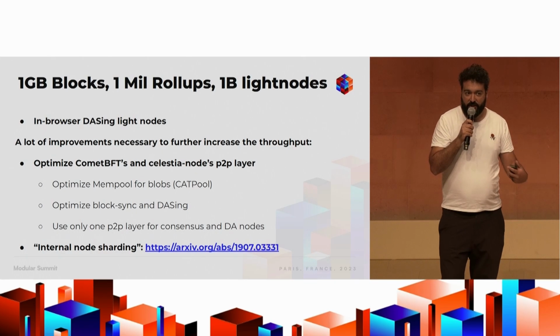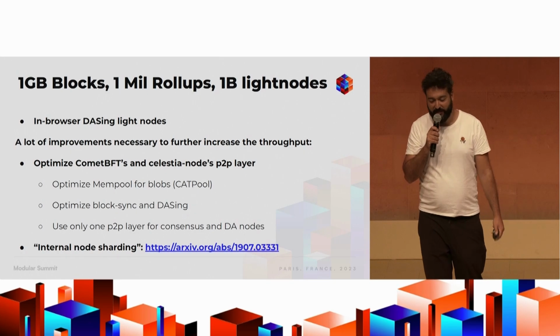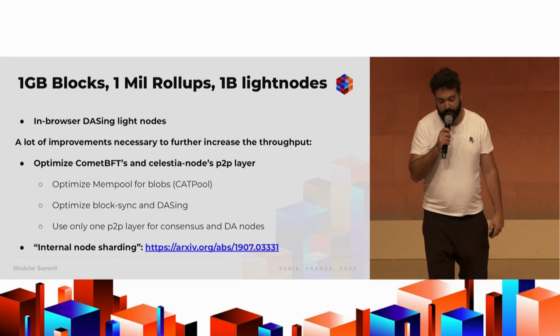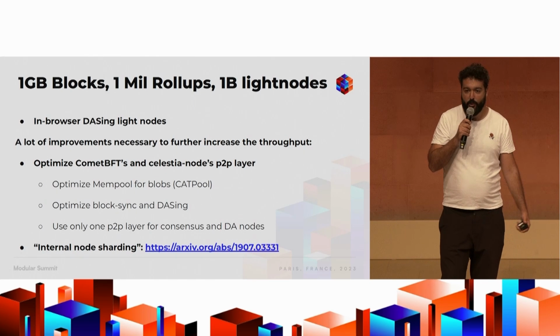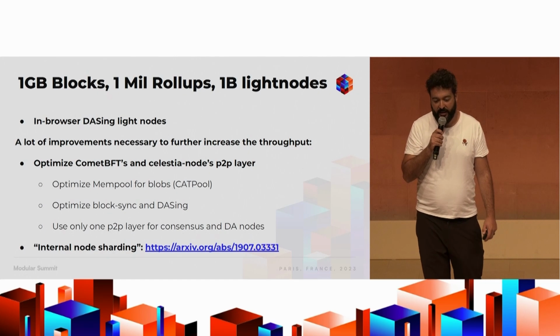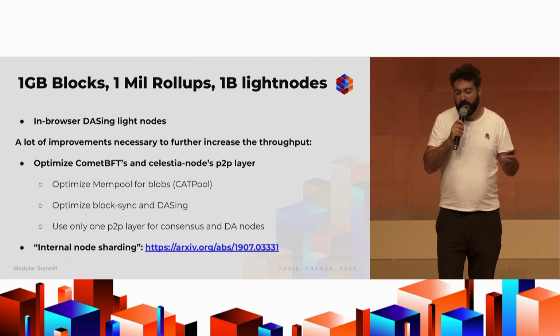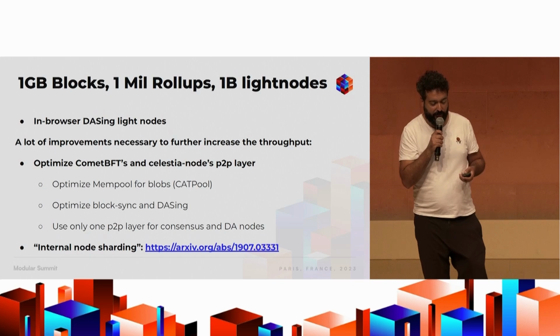But to actually get closer to that 1 gigabyte blocks goal, we will have to optimize CometBFT's peer-to-peer layer, right? The mempool is not made for super large blobs, and the consensus reactor, the gossiping mechanism, is also not made for that.